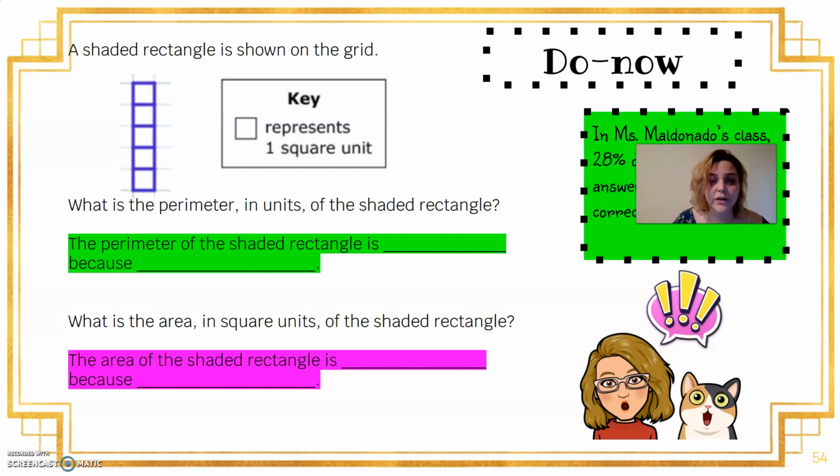Okay, so our do now for today is all about area and perimeter. And so we need to remember the difference between area and perimeter. This is a big concept that students in 3rd grade typically struggle with. Remember that perimeter is the distance around a shape.